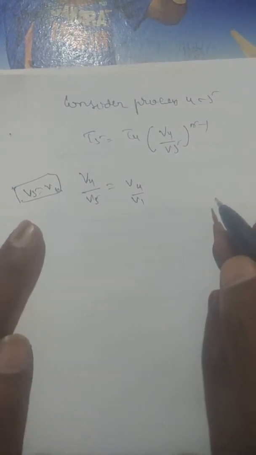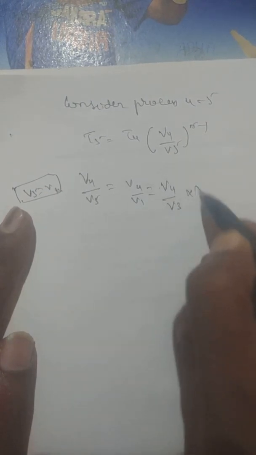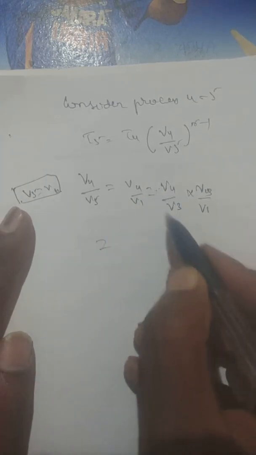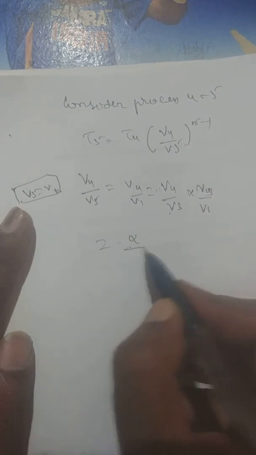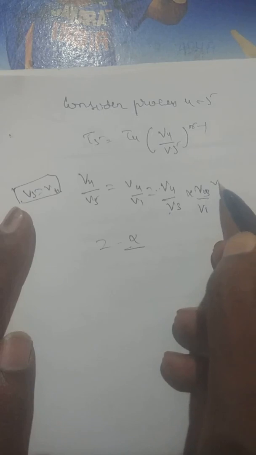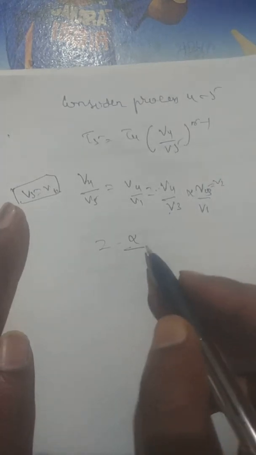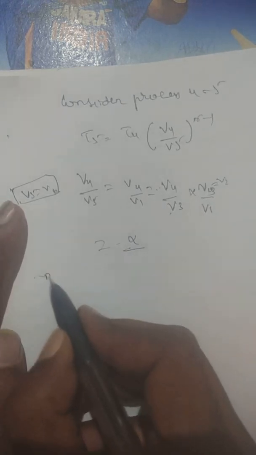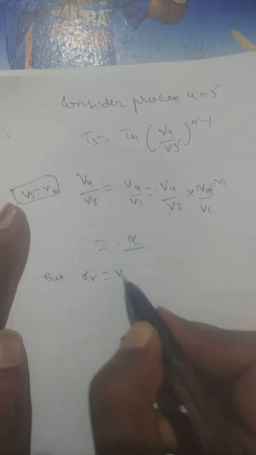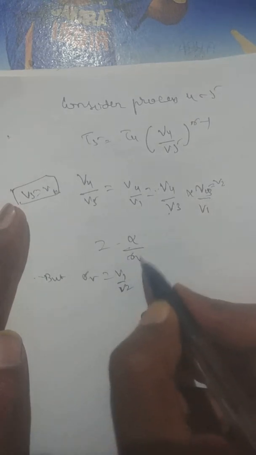Now I will multiply and divide by V3. V4 by V3 is nothing but alpha, the cutoff ratio, and V3 by V1 is related to RV, because V3 is equal to V2 here, since both are constant volume processes. The compression ratio RV is equal to V1 by V2, but here you have V2 by V3, so I will take RV in the denominator.